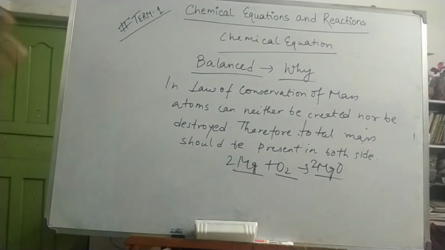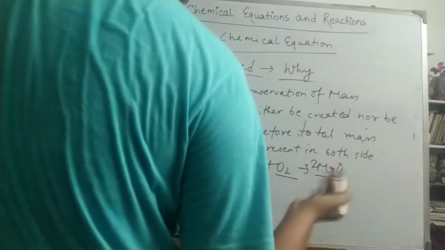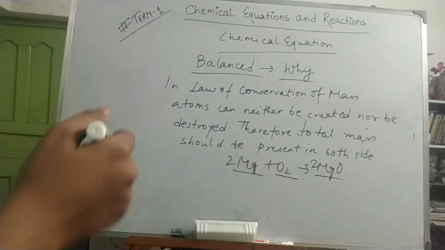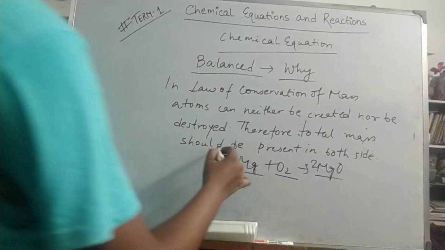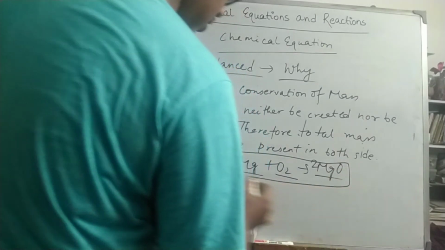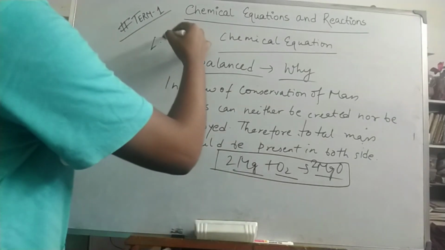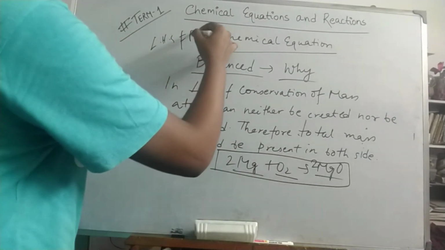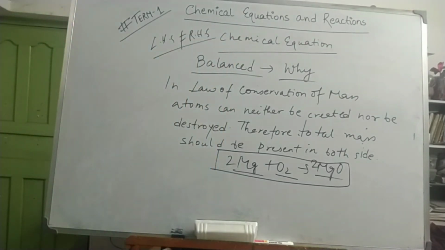So now the equation is balanced, and we need to balance the equation, otherwise a different reaction will form, or it will not suit even here. A different reaction will form, and the left-hand side will not be equal to the right-hand side, so it will not be told as balanced.